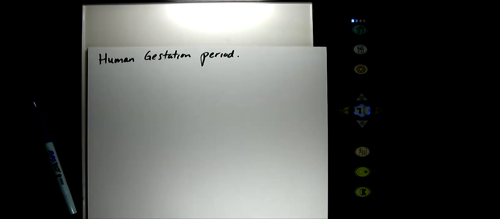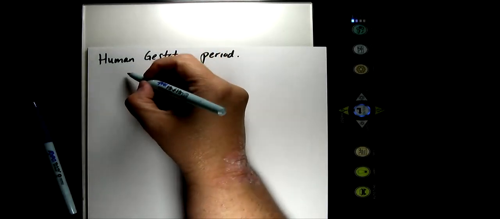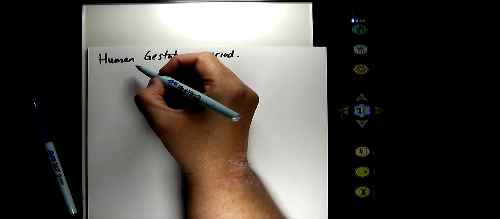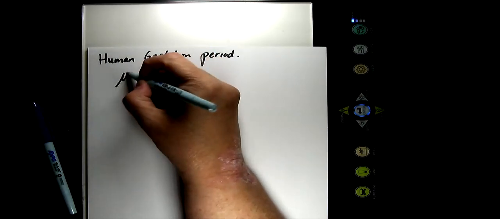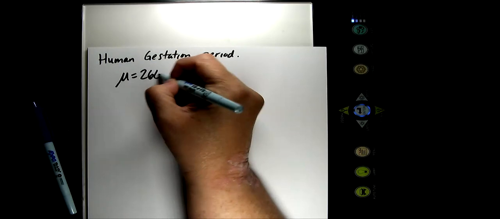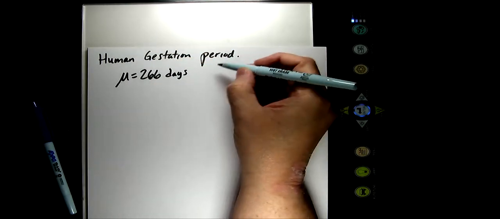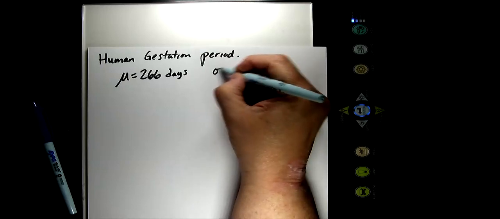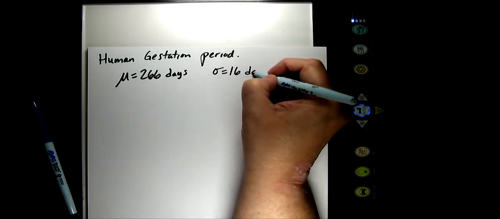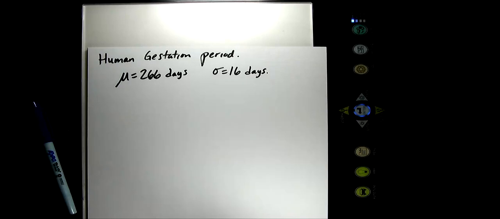In terms of days, the average is specifically 266 days, and there's a standard deviation of 16 days. So that's quite a range.